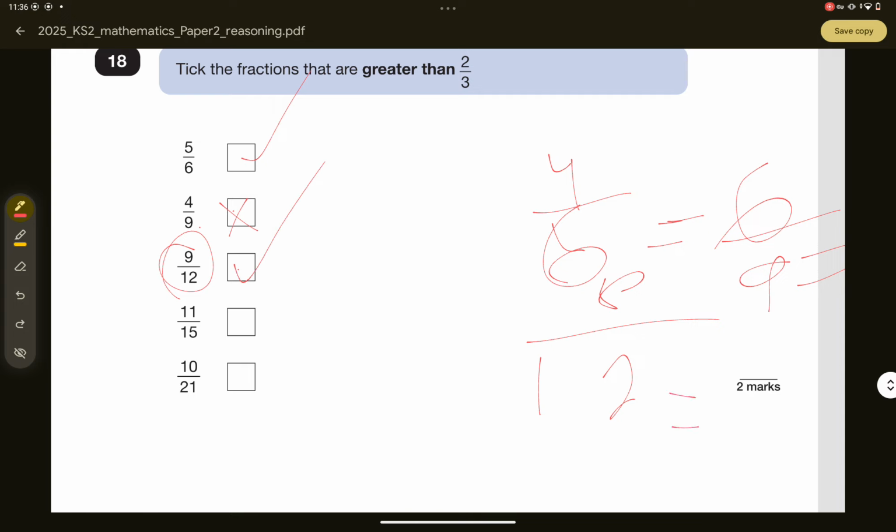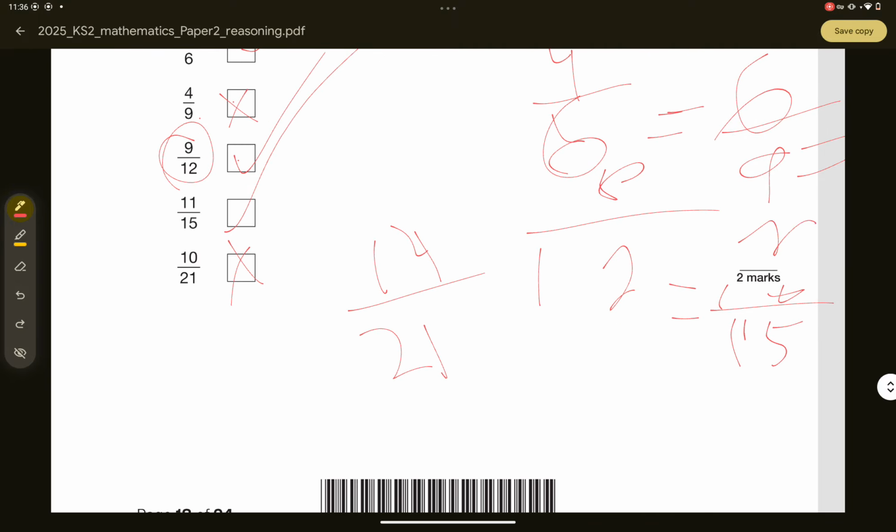And then make this over, times 5 times 5, 10/15. This is 11. And then over 21 times that 14. This is 10. So that would get you 2 marks.